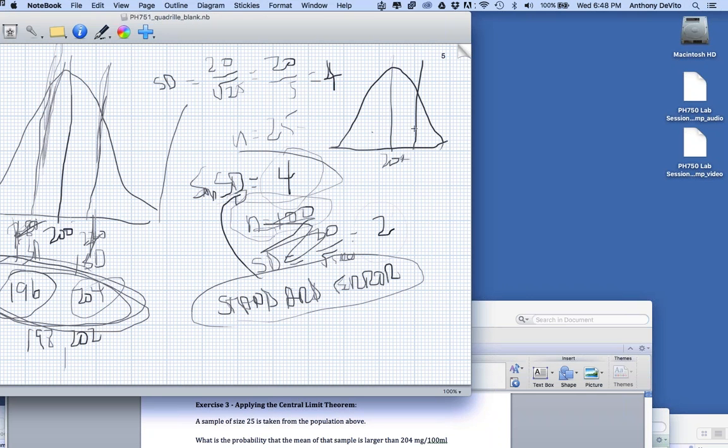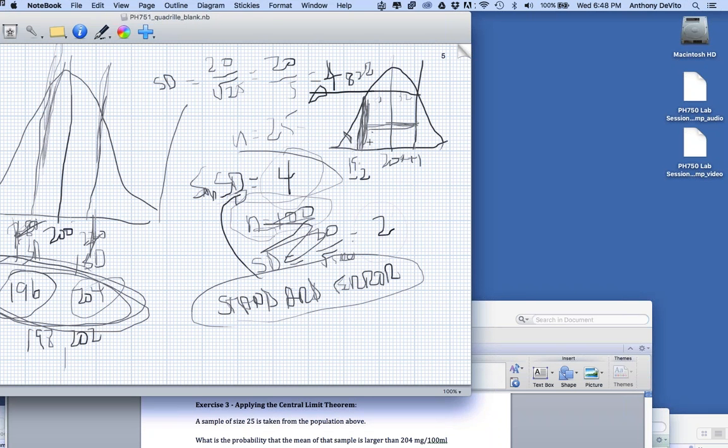That's 204, one standard deviation above, and 192 is two standard deviations below, z-score minus 2. So we know that this is 50% and this is 32%, half of the 68. So 32 and 50 is 82%, right? From there down.